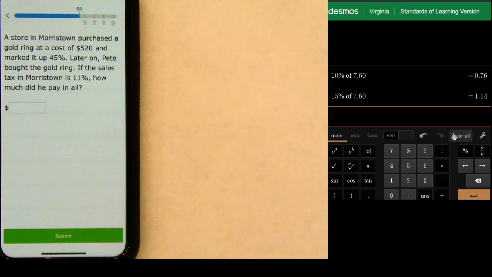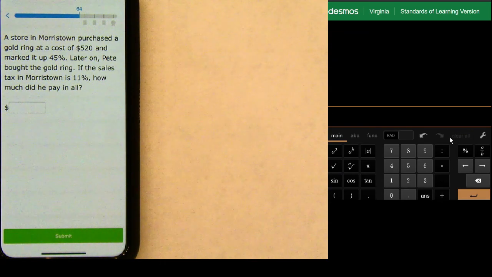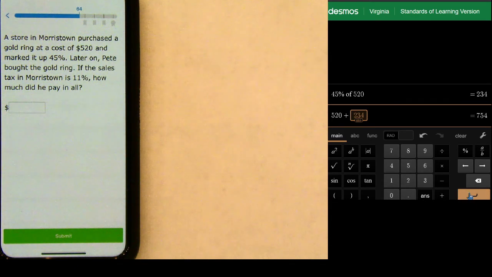So I need to find the markup amount. So let's say I have to do 45% of $520. And so I'm going to add that to the original price because it's a markup amount.